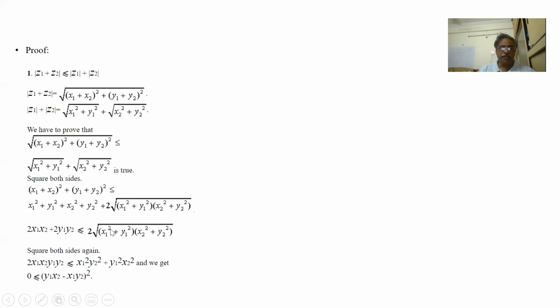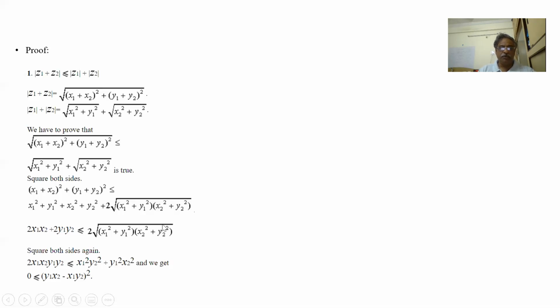So again I am squaring. Then what happens? 4x1 square x2 square, 4y1 square y2 square, they get cancelled. So what is left out here? 2ab, 4x1x2y1y2. 2 is cancelled before itself, so I am keeping 2ab here.